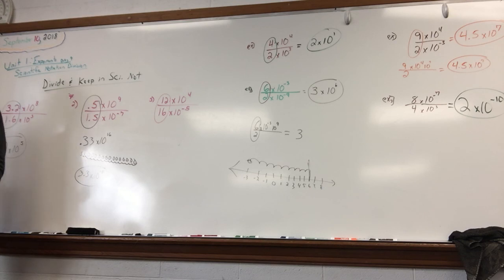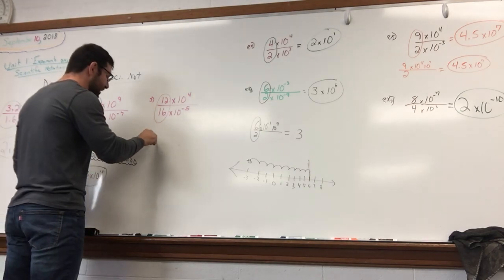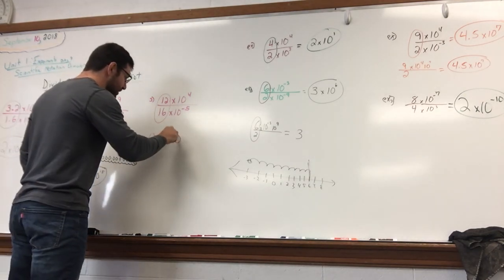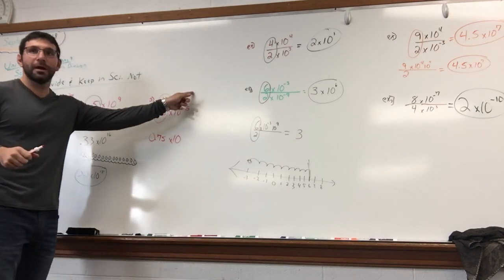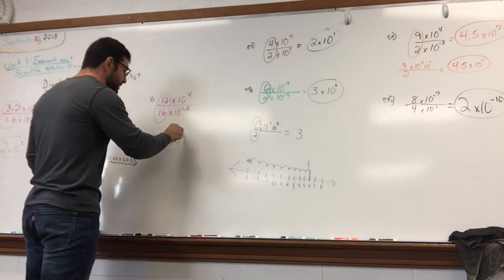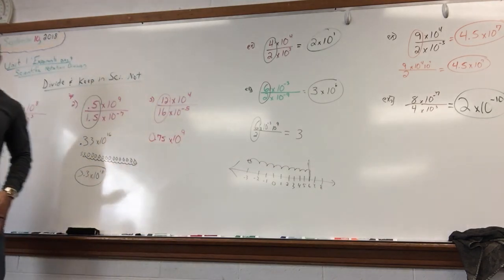Speak math to me, brother. 0.75, or 7,500. Very good. 0.75 times 10 to the 4 minus a negative 5. Minus a negative becomes positive. Going to give me positive 9.